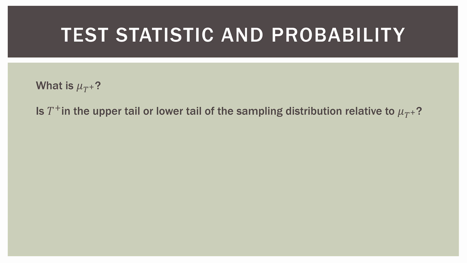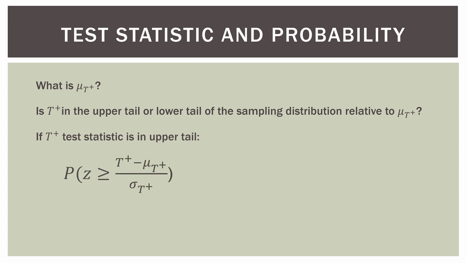Is T+ above mu sub T+ or below mu sub T+? If the T+ test statistic is in the upper tail, this is the way we find the probability. The probability is z is greater than or equal to, in the numerator, T+ minus mu sub T+, divided by sigma sub T+. That is just a z-score.